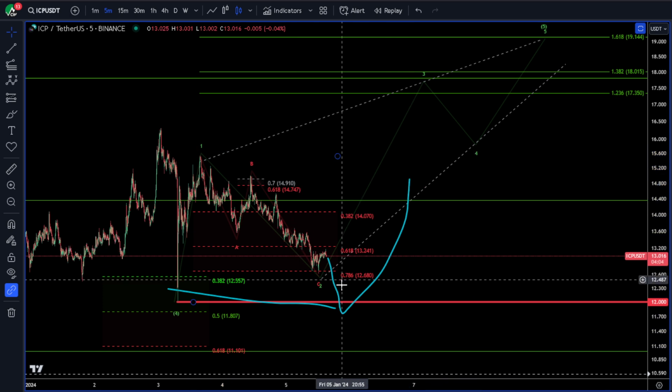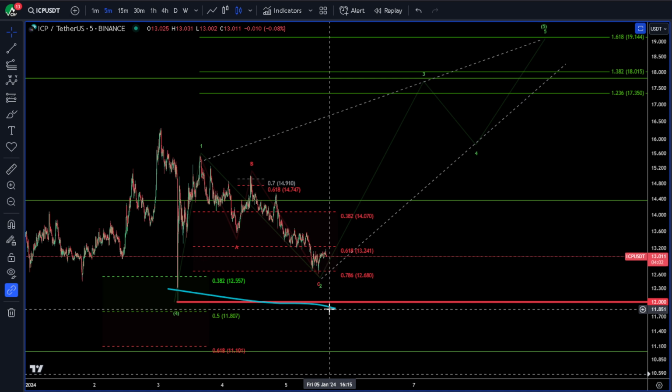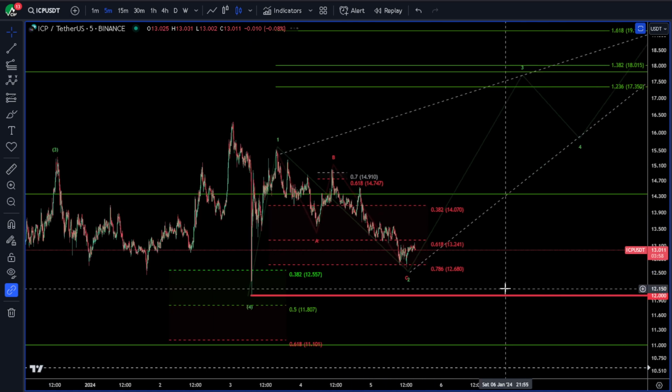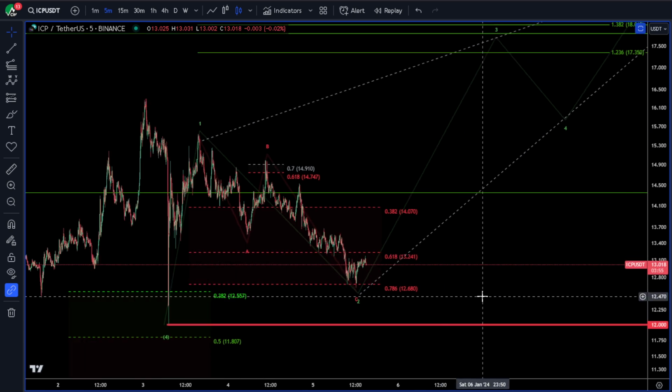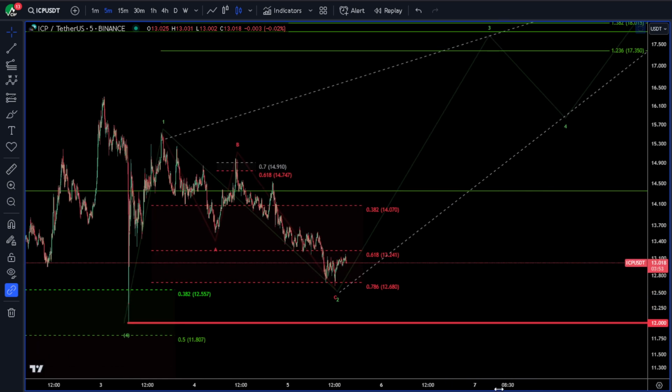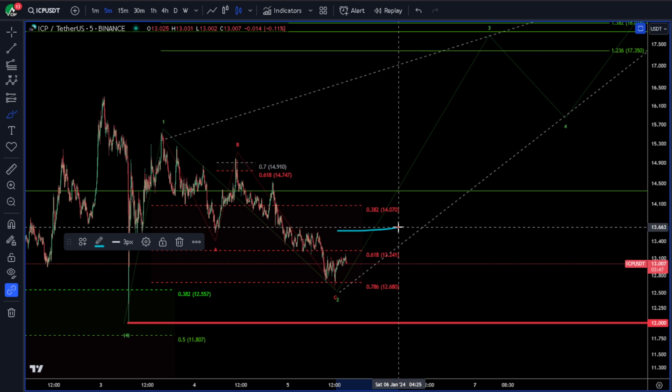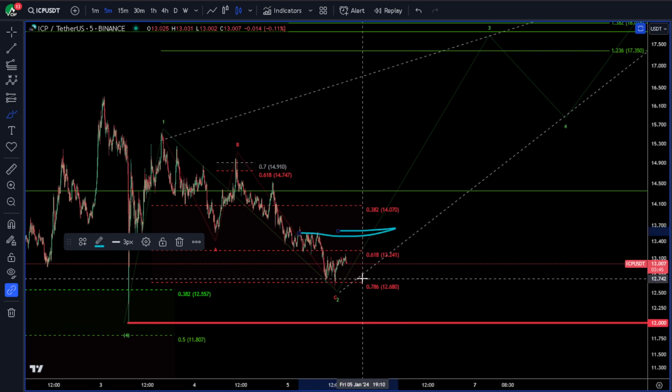But for trading purposes, this is how things have changed. And if we don't get impulsive here in the next little bit, as soon as we break this level here, I want to tighten up my stop. I don't want to give any more room to that.